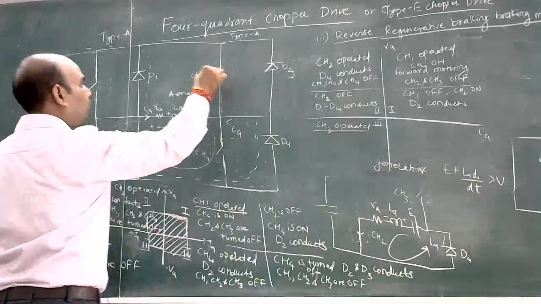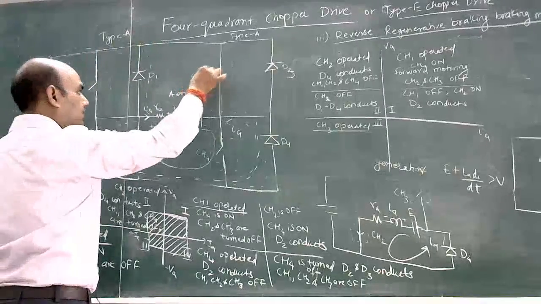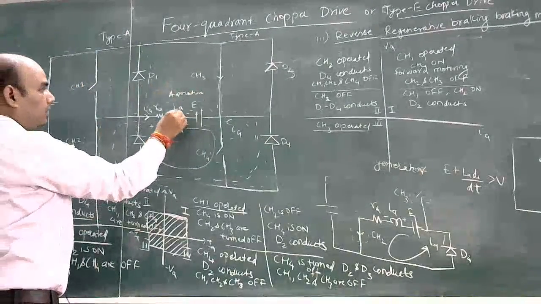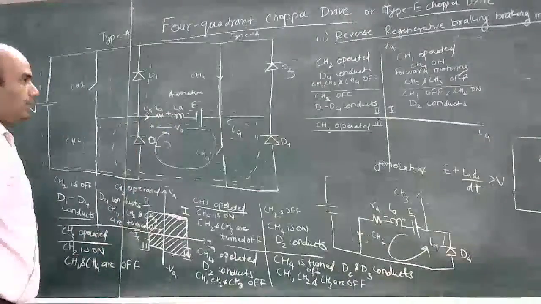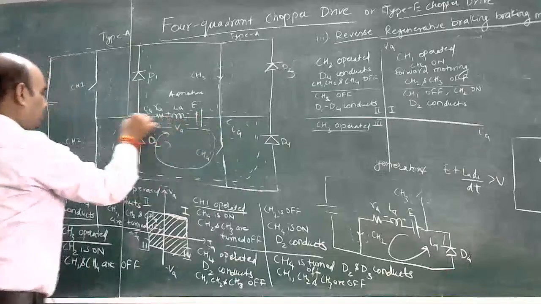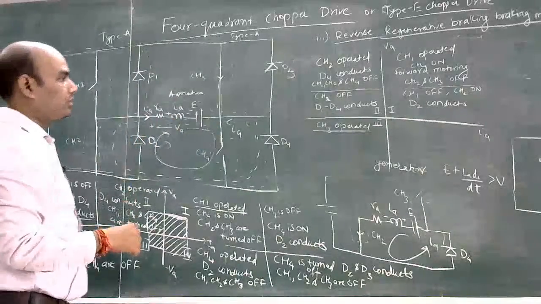So current will flow from the source, then CH3, and then CH2. And here again LA will get charged. So this current will flow again in the opposite direction.